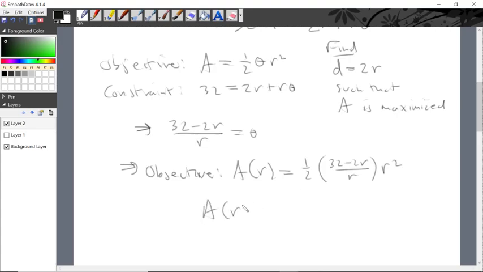A of r: we can cancel one of these r's with the r down here. We can also factor out a 2 from the numerator to cancel this 2. That leaves us with the quantity 16 minus r, times r. To get ready to take a derivative, it's easier to expand this: 16r minus r squared.